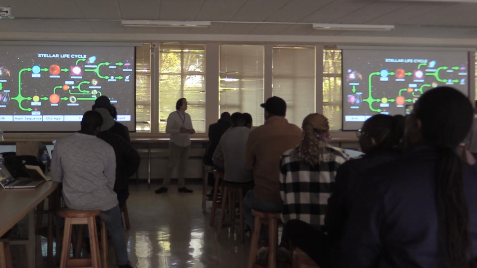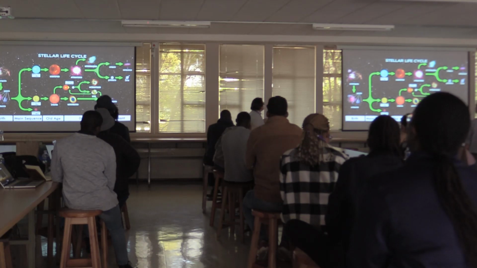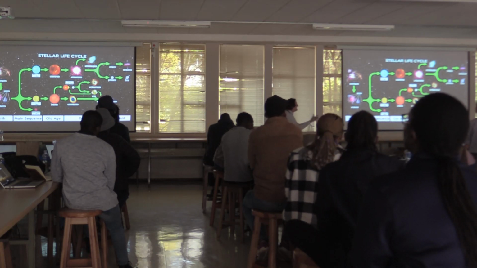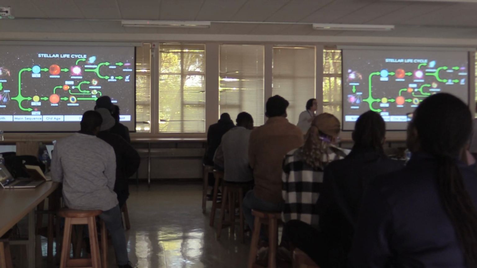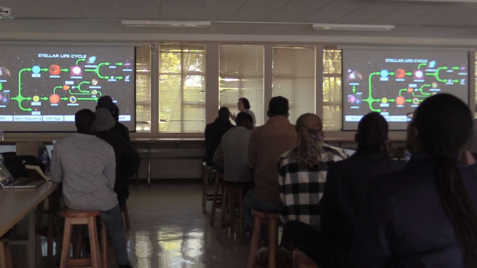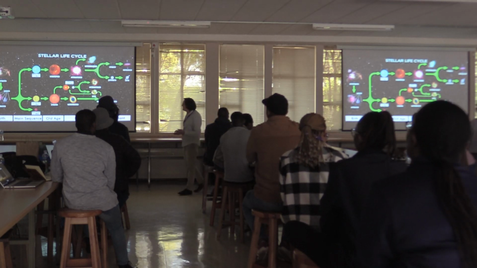The hydrogen starts fusing into helium atoms, and it's in burning its hydrogen into helium that it releases energy. And that is what sustains the star against gravitational collapse. That burning can continue for millions, billions, trillions of years. That's what we call the main sequence.